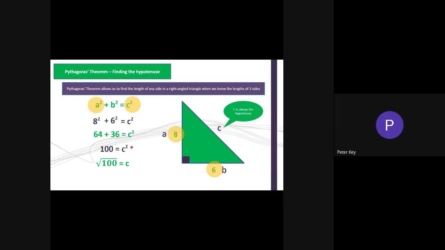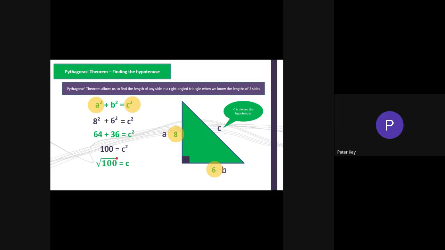Now, this 100, remember what I've just said, is c squared. We obviously don't want it squared, do we? We just want a measurement. So what we have to do is do the opposite to squared, which is a square root. You've probably seen that symbol on your calculator.